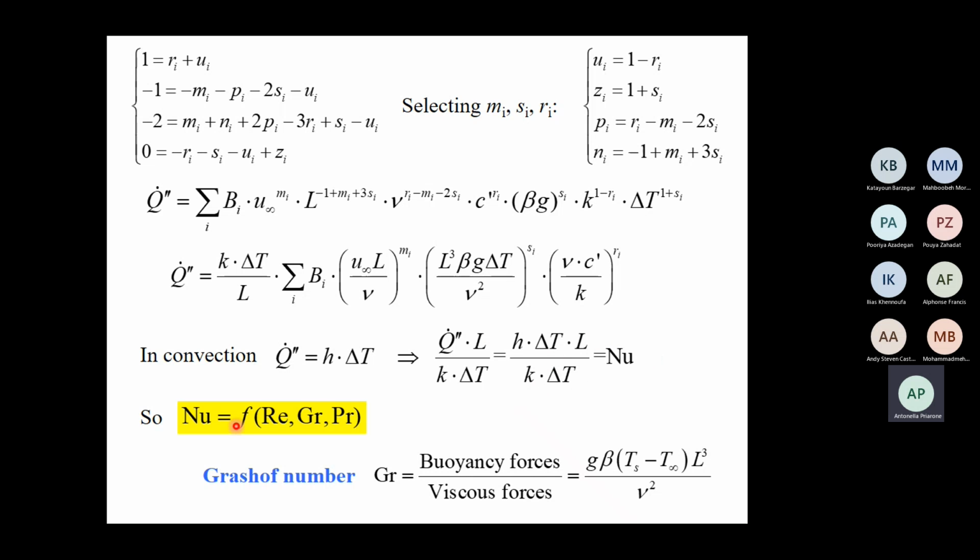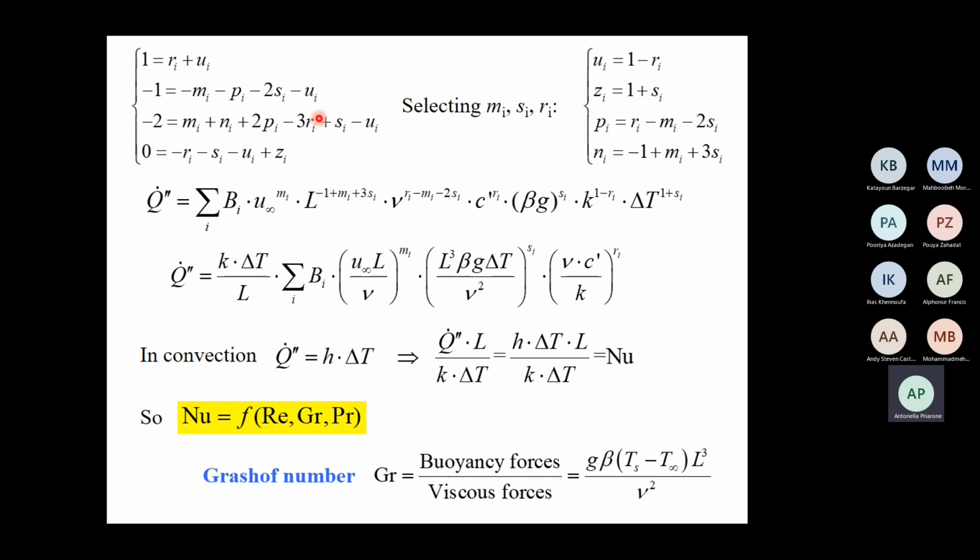Finally, I have that the Nusselt number can be written as a function of the Reynolds number, Grashof number, and Prandtl number. It's not important that you reproduce all the steps from the point of view of writing this system of equations.